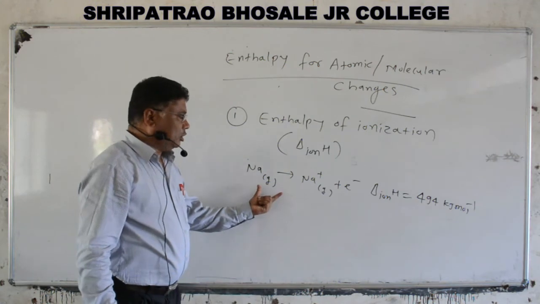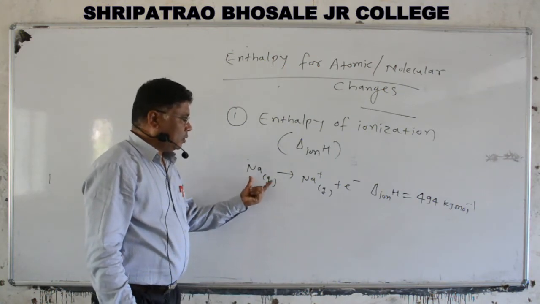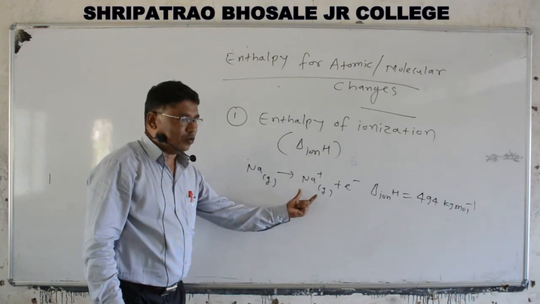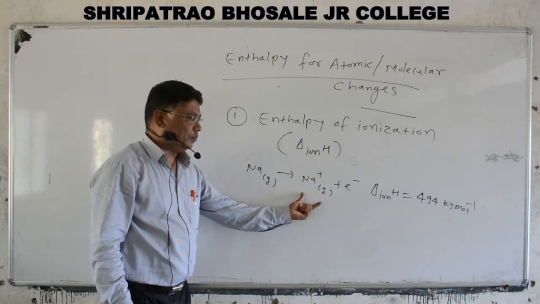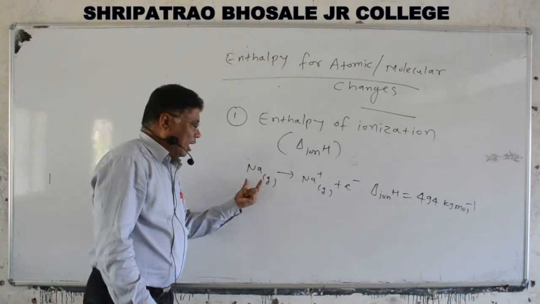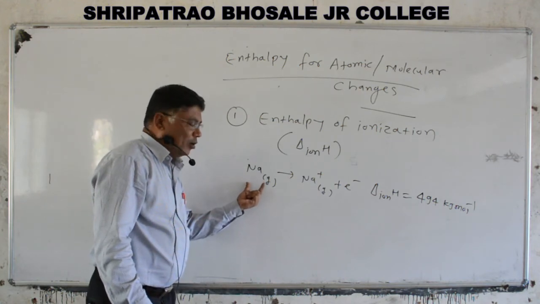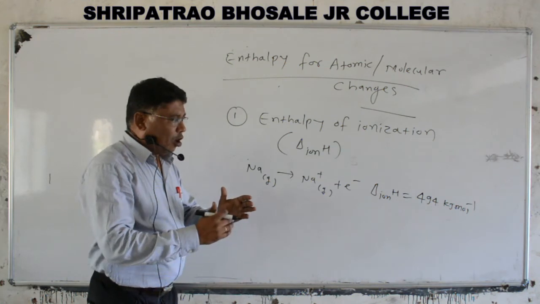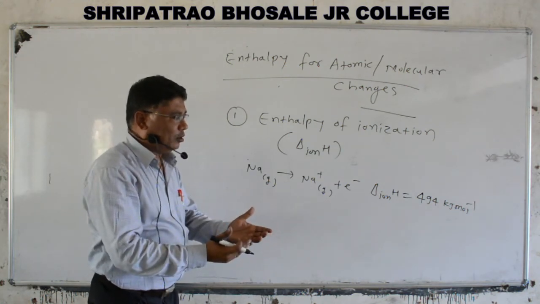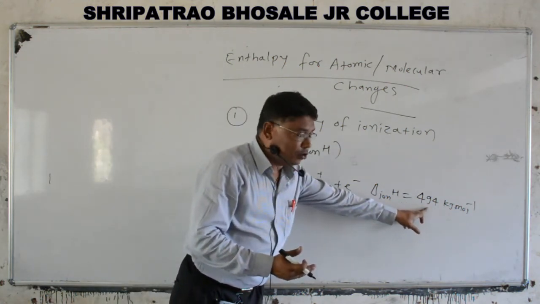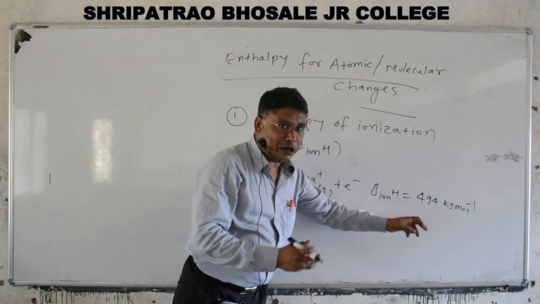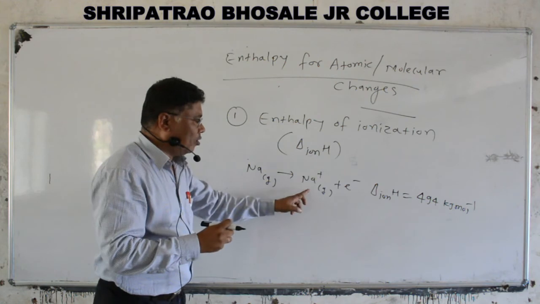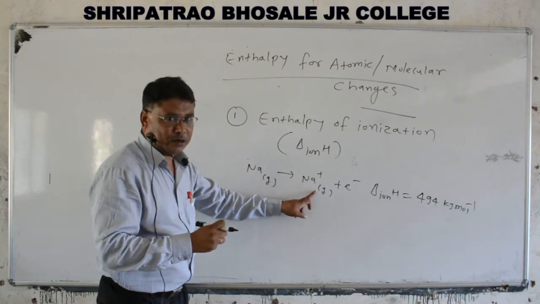What does this equation indicate? A gaseous atom of sodium is converted into a gaseous ion of sodium, meaning an electron is removed from sodium. How much heat is required? 494 kilojoule of heat is required to remove one electron from sodium to form gaseous sodium ion.